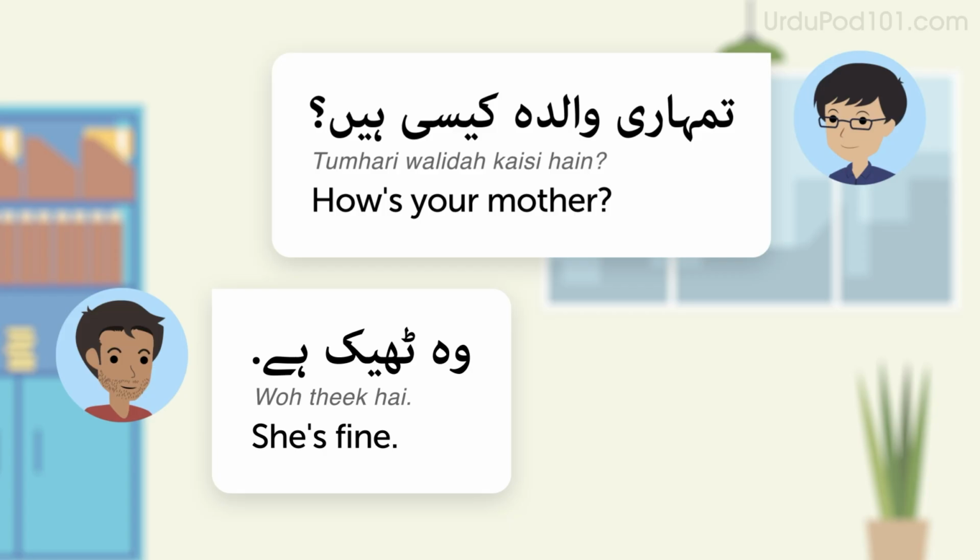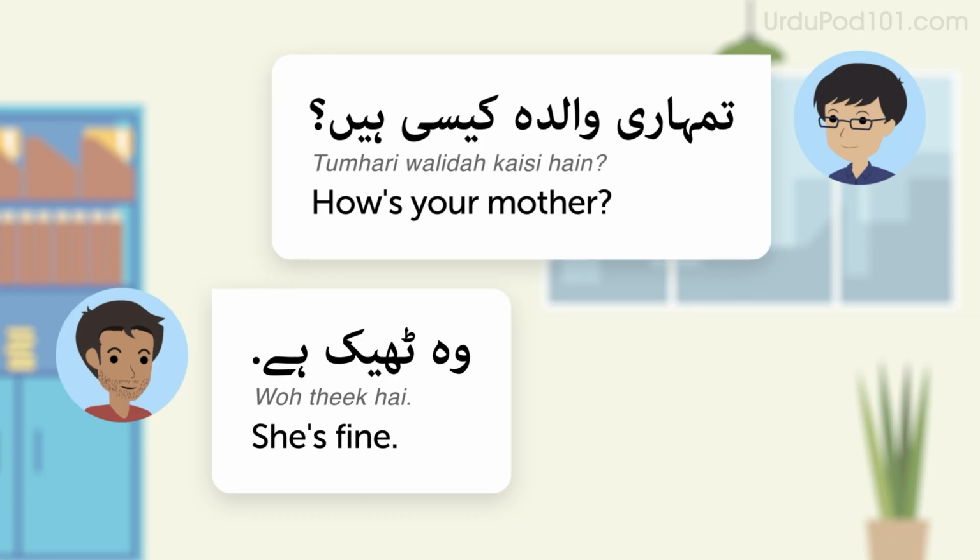First of all, you'll need to learn how to say, How's your mother? That's, tumhari walida kaisi hain? This Urdu sentence literally means, Your mother how is? But it translates as, How's your mother? In English.